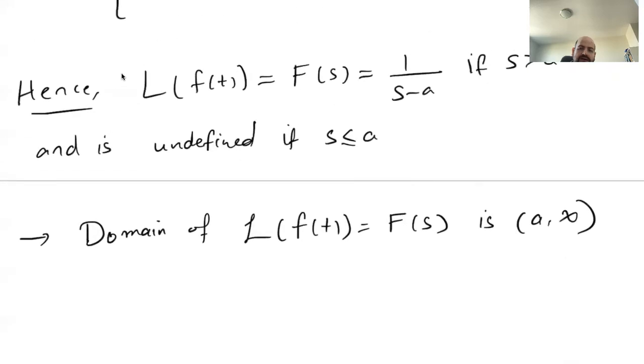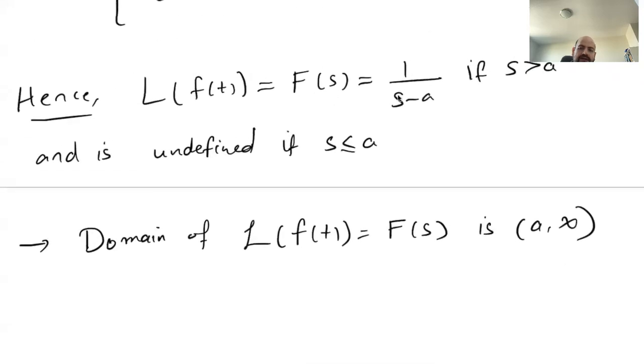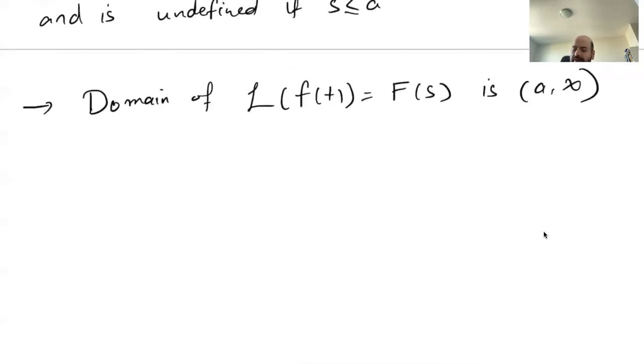Here also, if I replace a with 0, I will have 1 over s minus 0, which is 1 over s. And we saw that the domain is 0 to infinity. Here also, if I replace a with 0, the domain turns out to be 0 to infinity. So this is the example for the Laplace transform of e to the power at, which is 1 over s minus a if s is bigger than a.